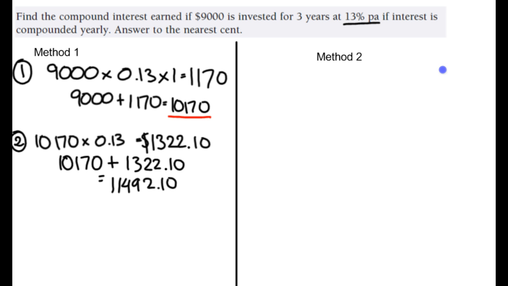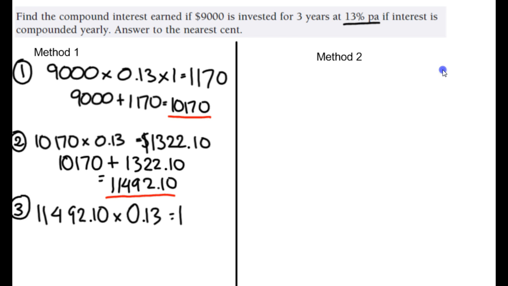Okay, I've still got 1 year to go. Again, this amount here is my new principal, so I'm going to use that to calculate my interest. And again, I'm increasing it by 13%. And to find my total amount at the end, I add that together.